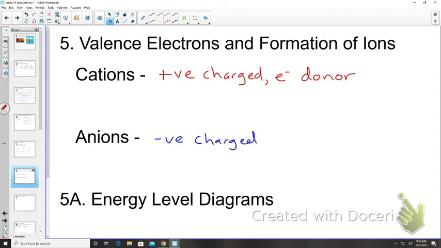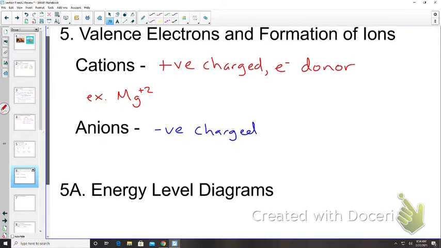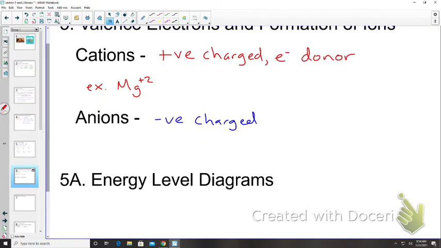It donates electrons, so it becomes positively charged, okay? An example of a cation would be, let's say, magnesium, and it has a common charge of +2. So it gives away 2 electrons. So if anions are negatively charged, they are electron acceptors.